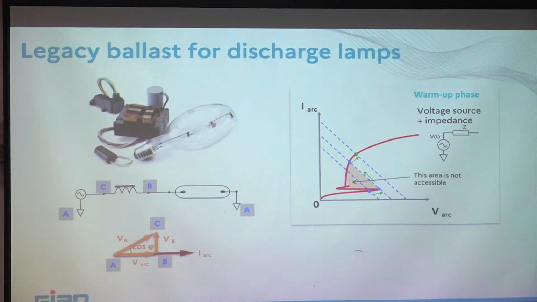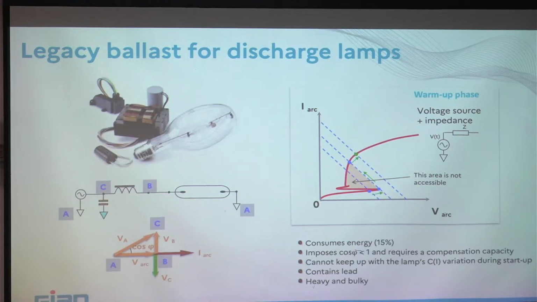The only way to do it is to add a compensator, a compensation capacitor here, and then of course, you can avoid it. The problem is that these kinds of capacitors are bulky and they are very sensitive to temperature, and their lifespan is usually less than 2 years.